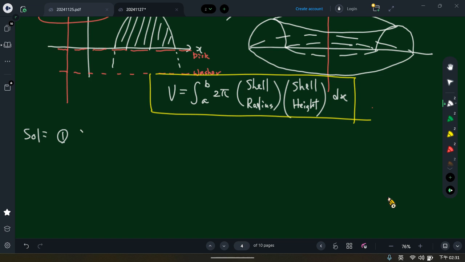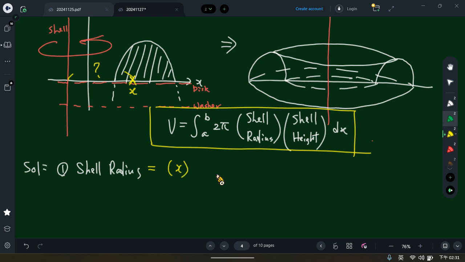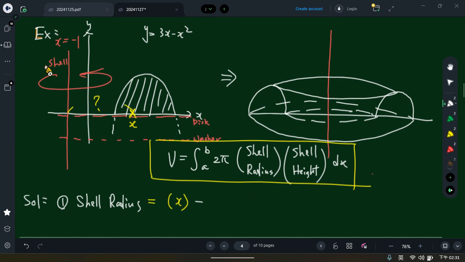Okay. So based on this, first we need to figure out what the shell radius is. The shell radius is just, for each x, try to get the length between the point and the rotation axis. So we need to get this one. So this is the shell radius. It will be x minus L, right? L is minus 1.